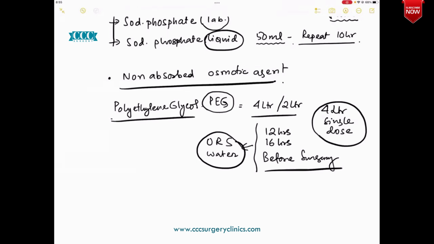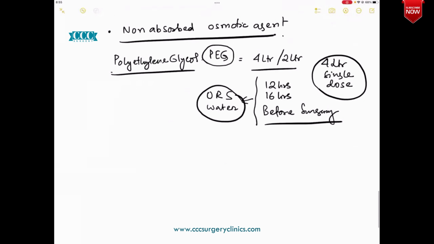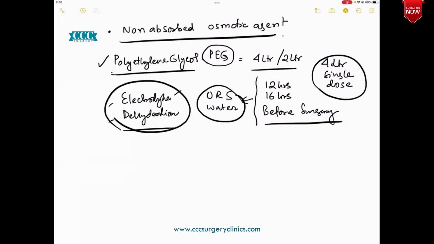This is the second preparation, a very common one that more or less everyone will have. The main issues here are dyselectrolytemia and dehydration, which definitely need to be corrected. People have worked with 2 liters and 4 liters. There are no differences between them, but it is usually dependent upon the patient.